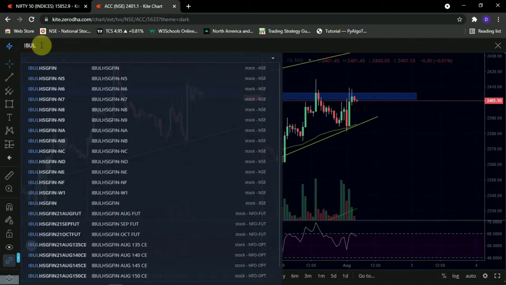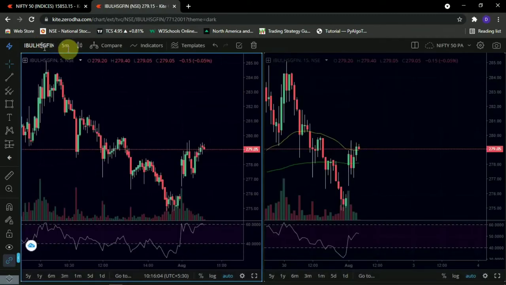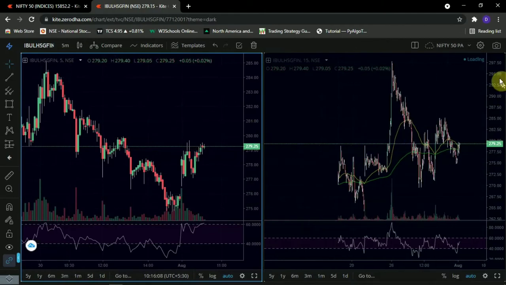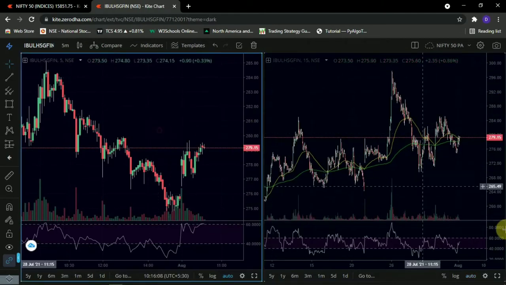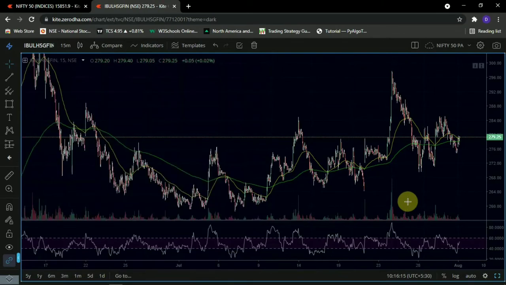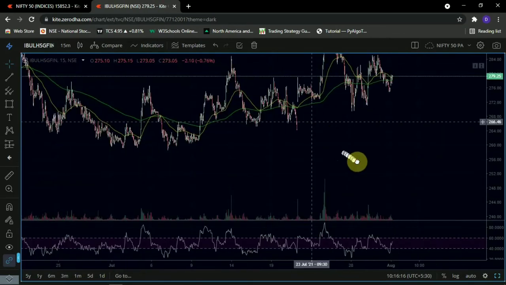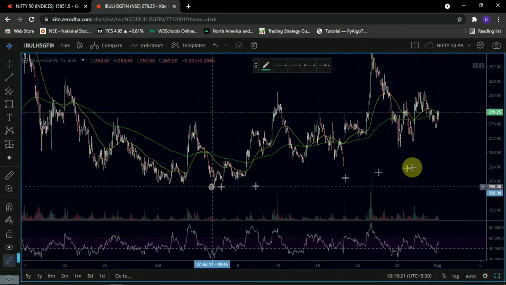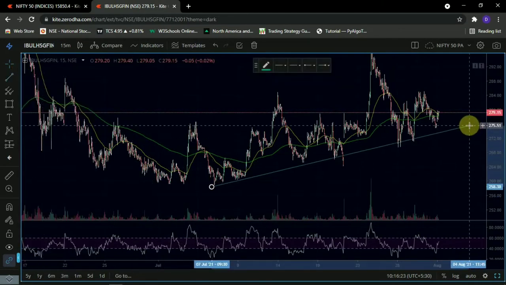Then India Bulls. If you see, India Bulls was forming a trend line.